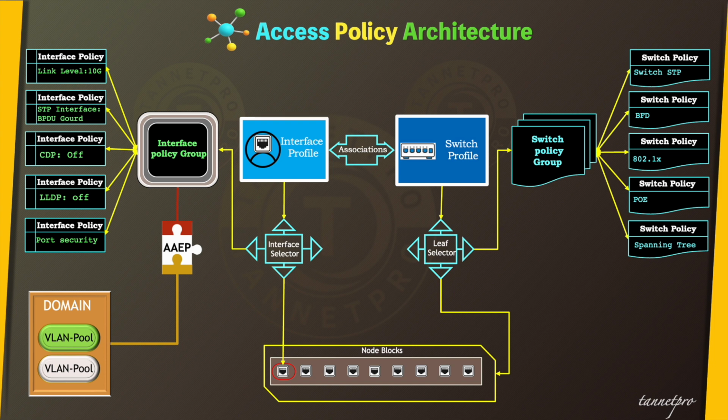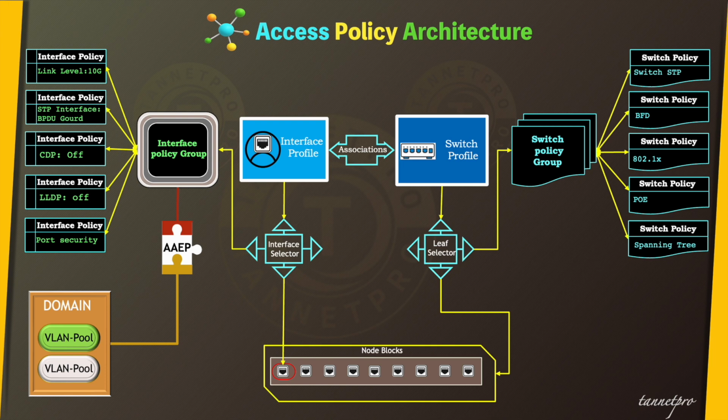You can understand your access policies with this architecture. In this slide, it's a very important, very good slide for you. Through this entire architecture, you can understand everything about the access policies related to the devices you are going to connect. So what we did, we configured interface policies tied together in a group that is called interface policy group.